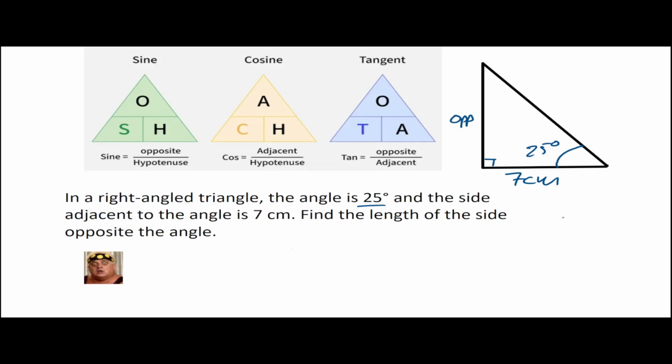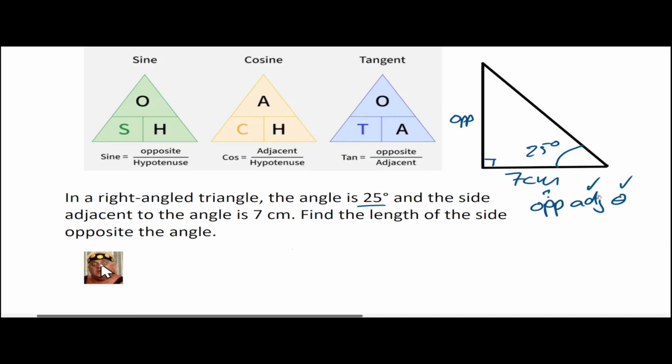Alright, so what have we got, and what are we looking for? Well, we're looking for the opposite. We've got the adjacent. We've got the theta. So which of these three has opposite and adjacent in it? Well, it's going to be tangent.